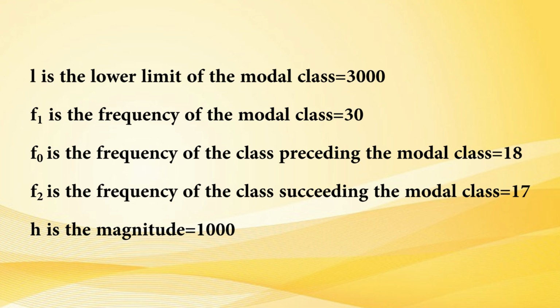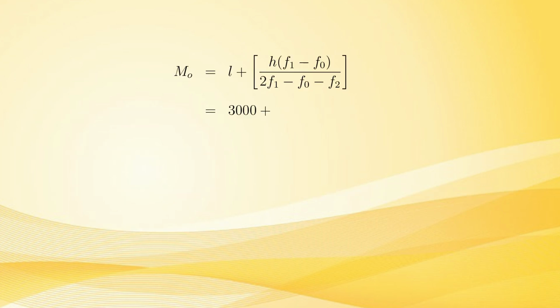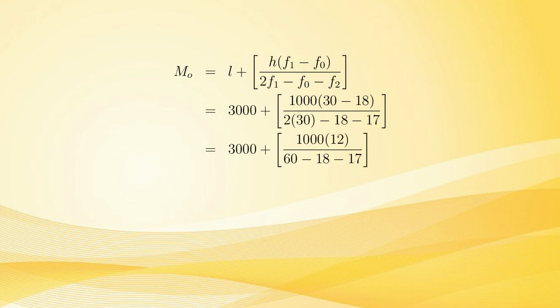Substituting these values in the formula, we have mode is equal to 3000 plus 1000 into 30 minus 18 divided by 2 into 30 minus 18 minus 17, which is equal to 3000 plus 1000 into 12 divided by 60 minus 18 minus 17, which is equal to 3000 plus 12,000 divided by 25, which is equal to 3000 plus 480, which is equal to 3480.